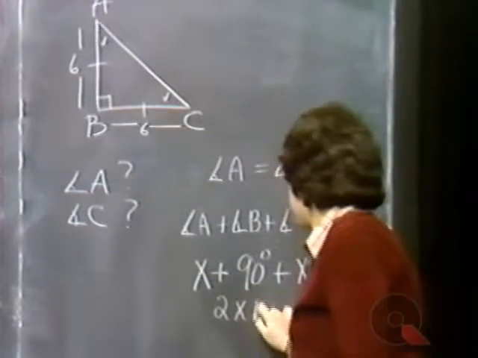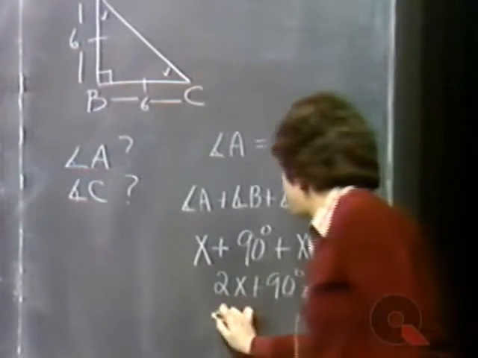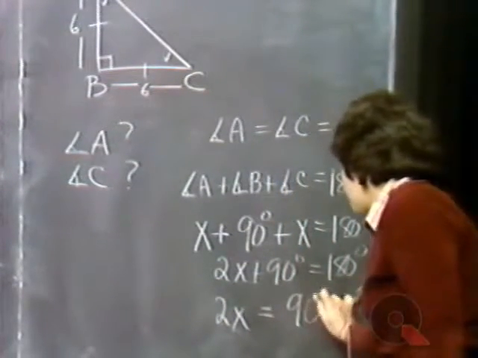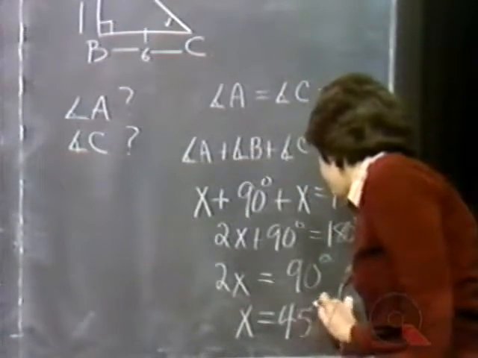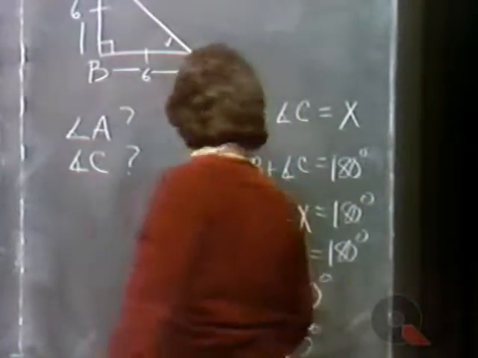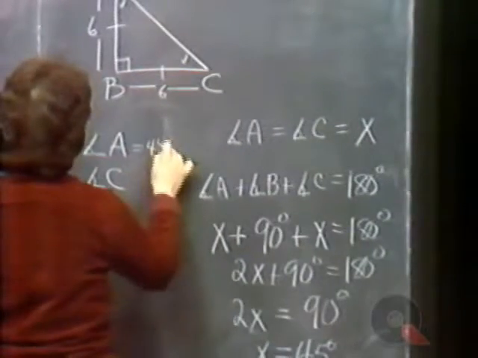So 2x plus 90 degrees gives you 180 degrees. Subtracting 90 degrees from both sides, 2x is equal to 90 degrees. Dividing both sides by 2, x is 45 degrees. So angle A is equal to 45 degrees, and angle C is also equal to 45 degrees.